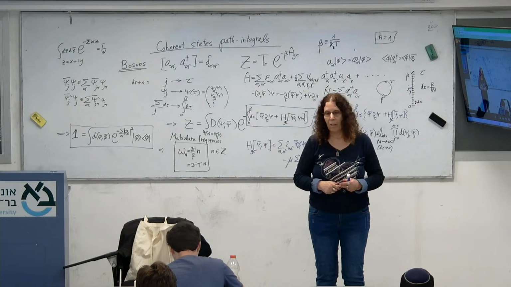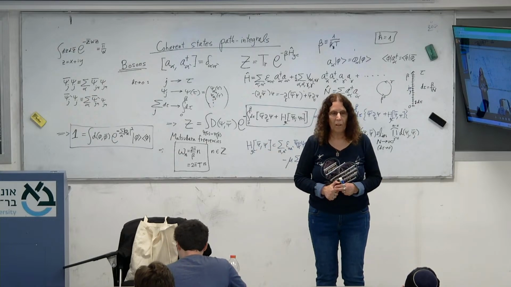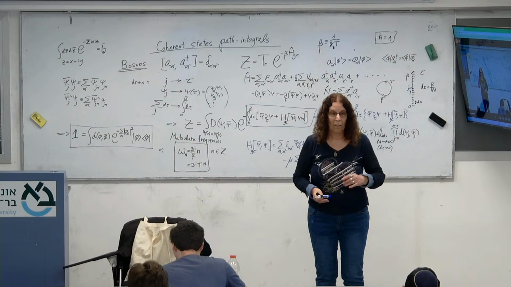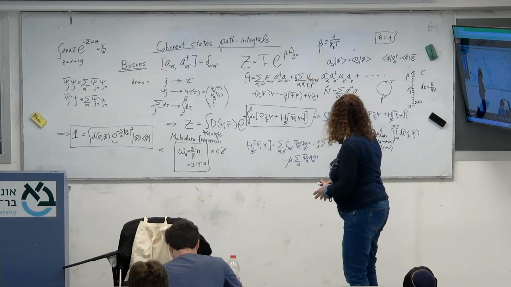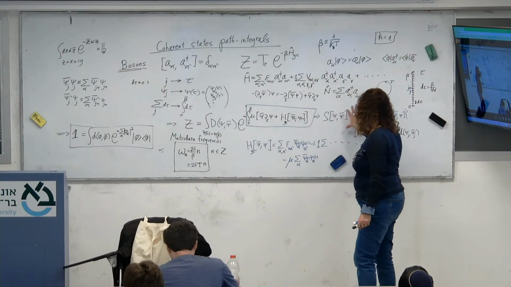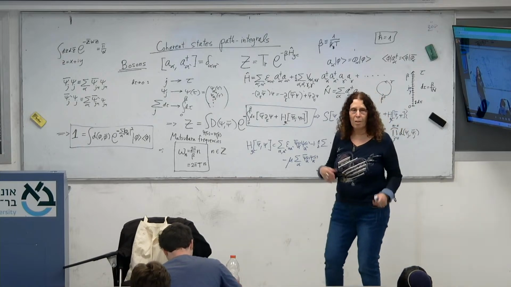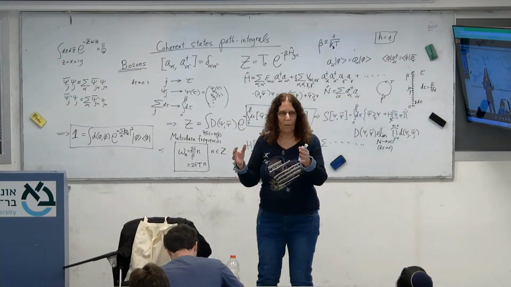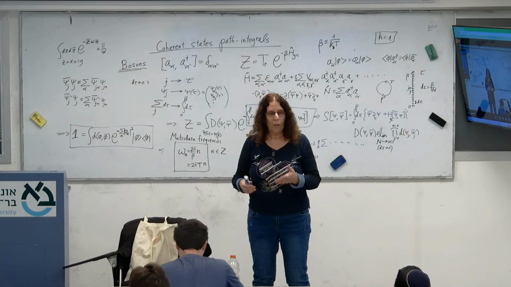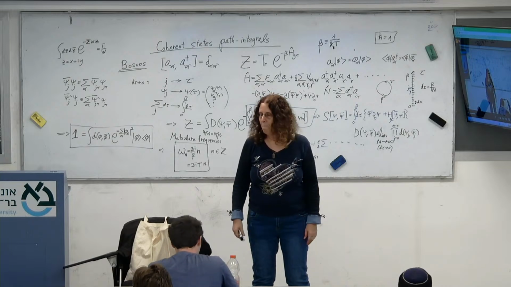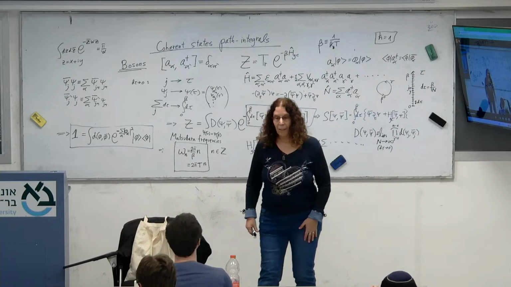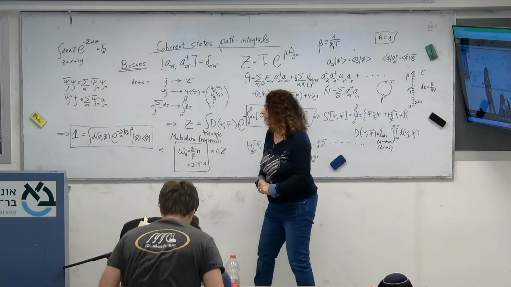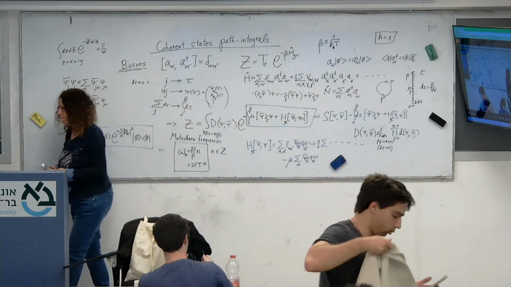We'll do it next week explicitly, but that's basically going to allow us to write the expression for the action as a summation over some indices of some functional. Okay, so we'll continue next week.